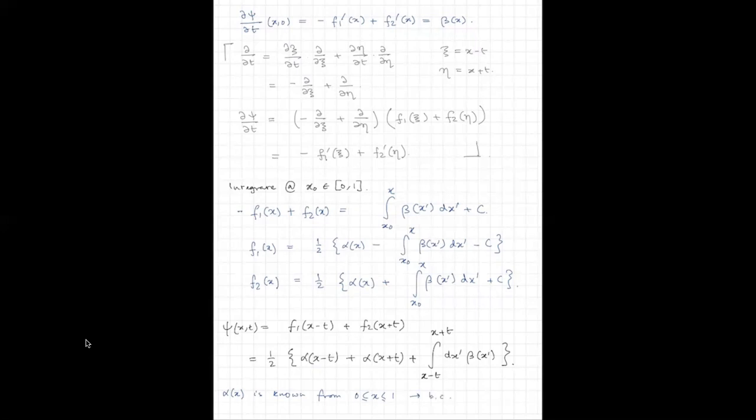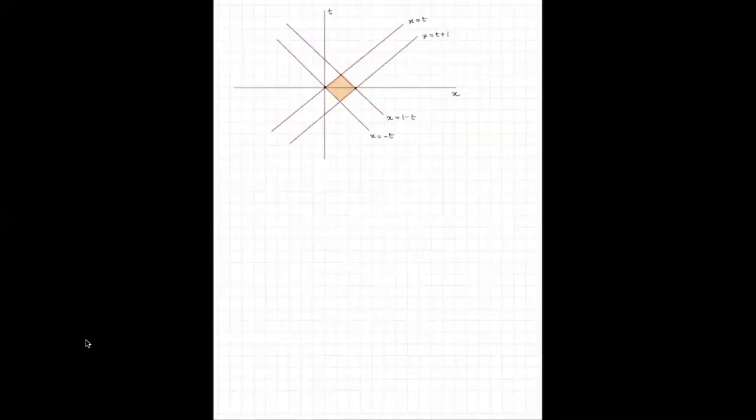So what is the known region in that case? The known region is going to be the intersection of these infinite strips. So this region is essentially 0 less than or equal to x minus t less than or equal to 1 and 0 less than or equal to x plus t less than or equal to 1.